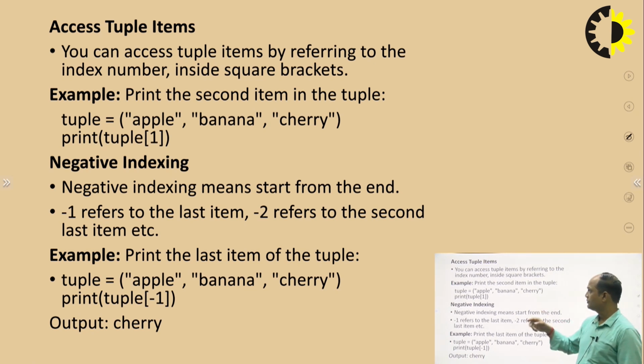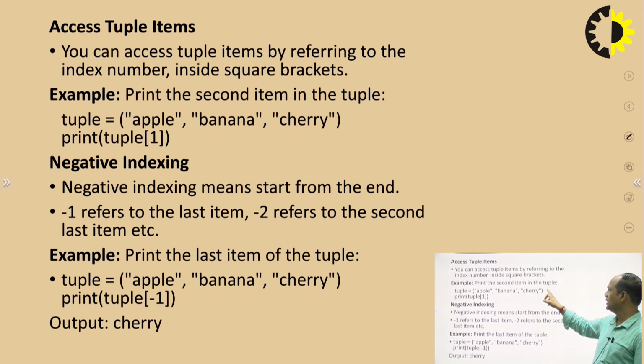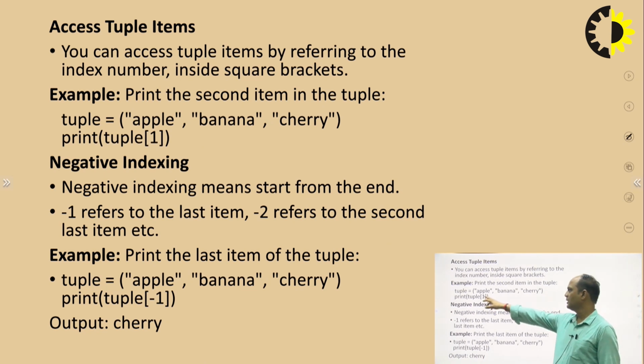So first of all, access tuple data items. You can access a tuple data item by referring to the index number. We can give the index number in the print statement, and then that will be printed on the screen. Suppose we have a tuple: apple, banana and cherry.